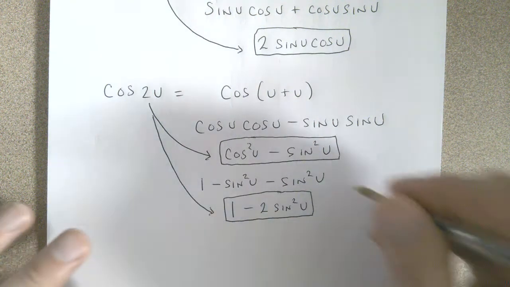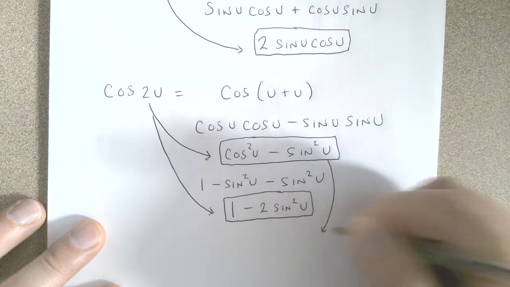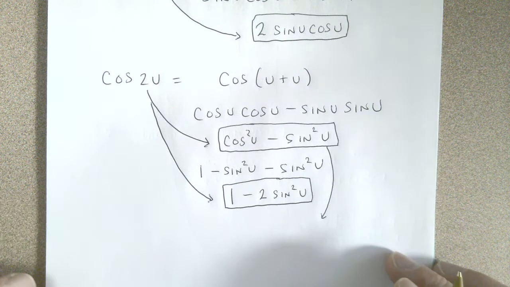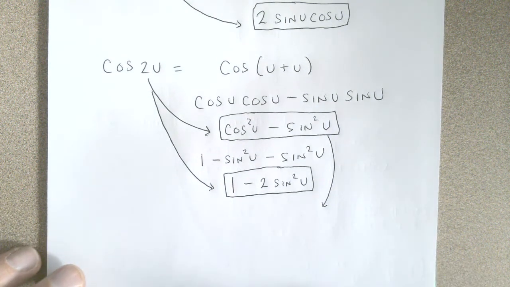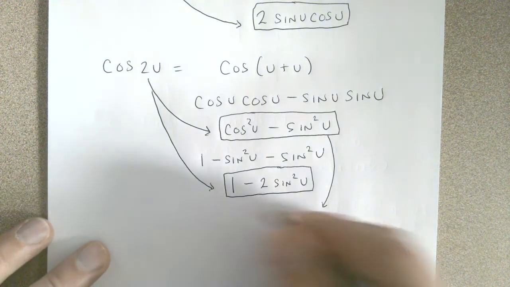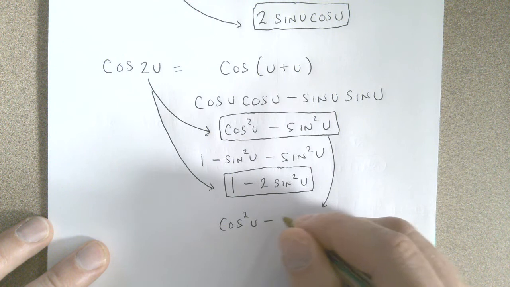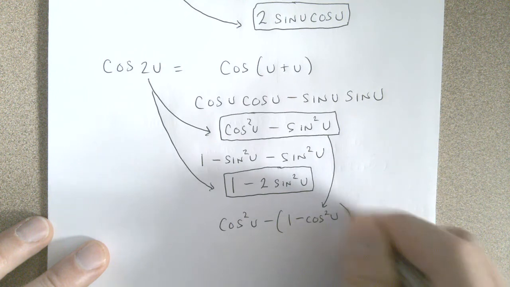Then, as you can probably guess, we could also do the same thing with our sine squared. What's another way to write sine squared? Cosine squared u minus, another way to write sine squared is 1 minus cosine squared u.